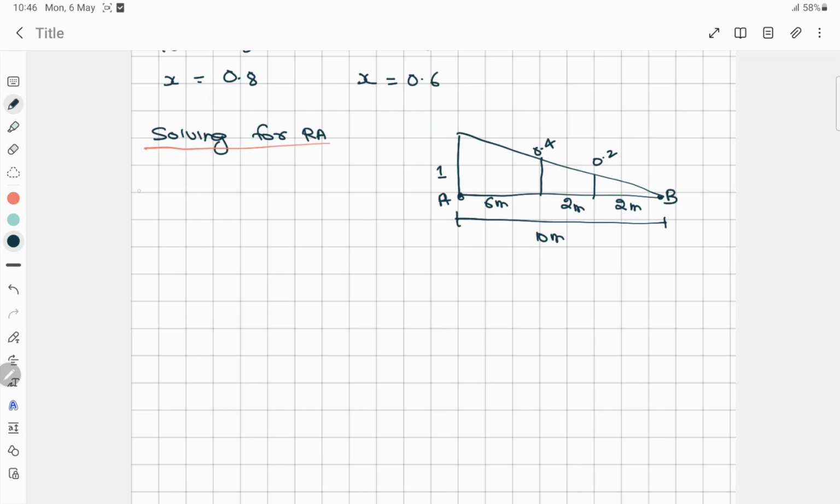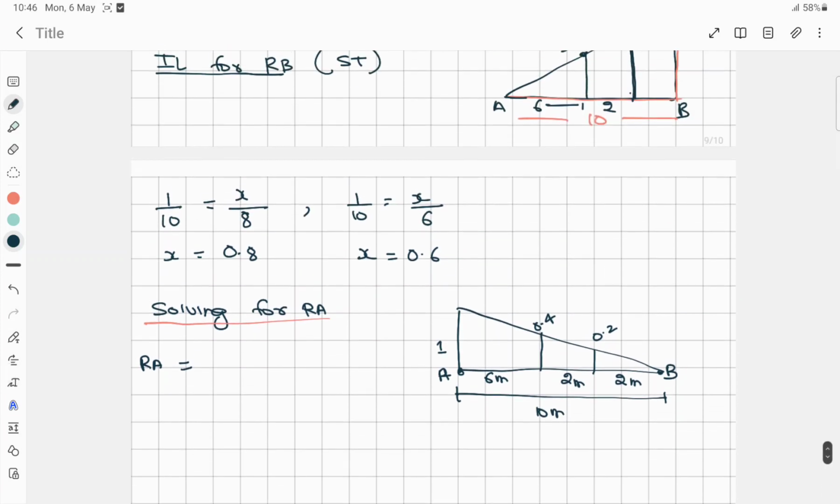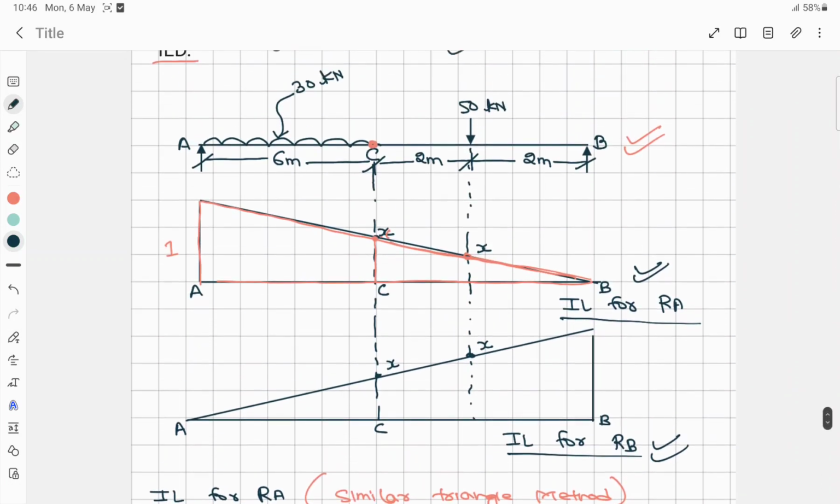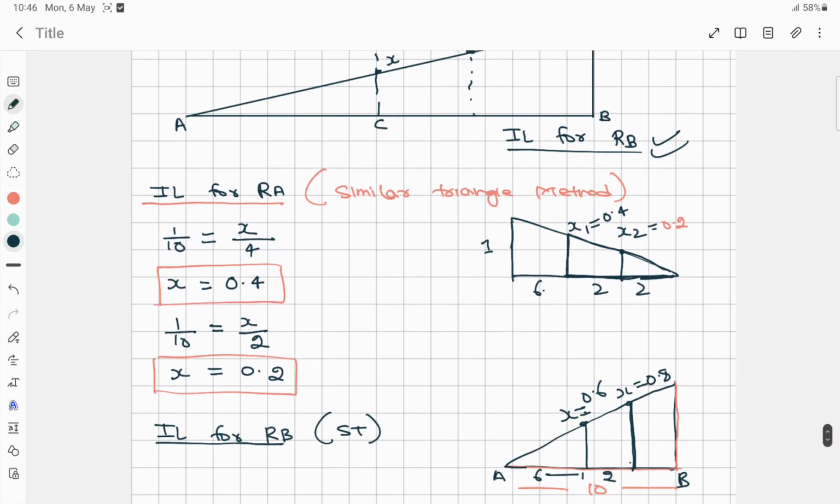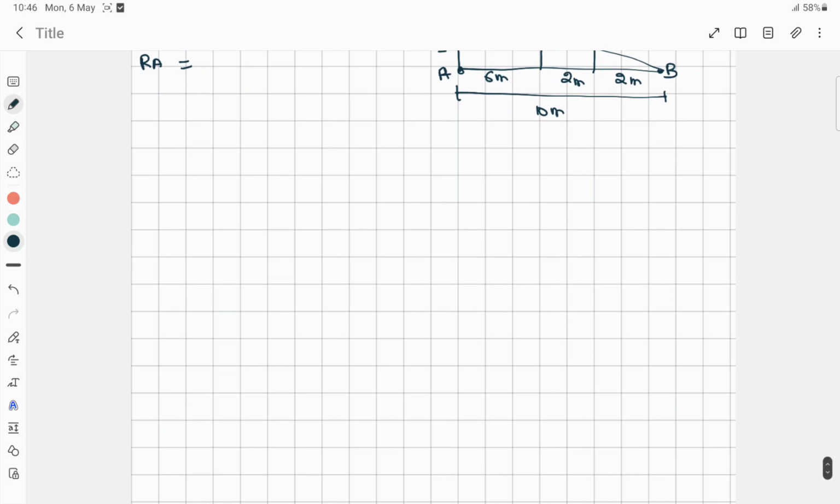So here RA is equal to, see, in my previous videos it was all about the point load, but in this problem here one UDL is there. So for the point load, we have to take the load into the ordinates, right?